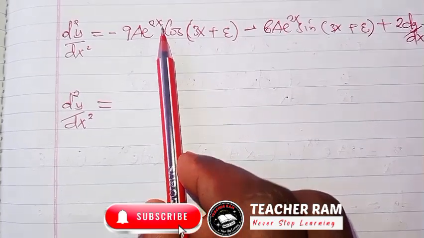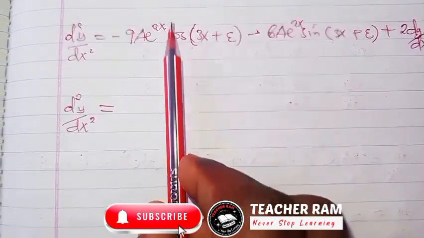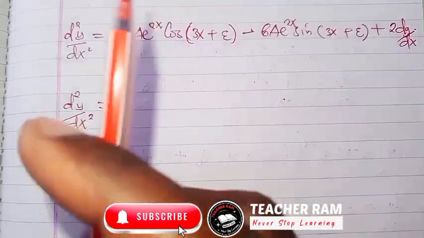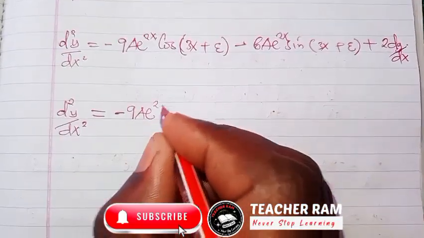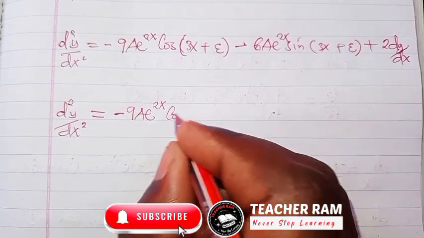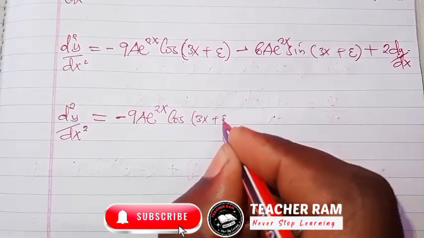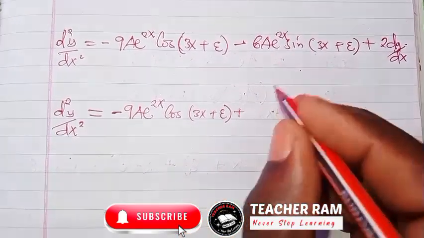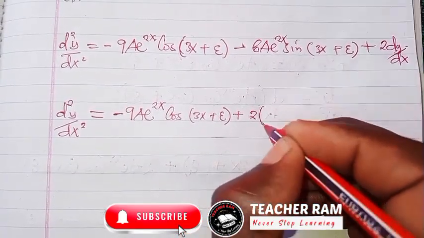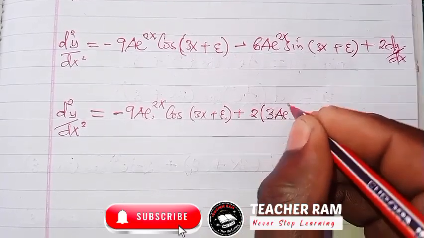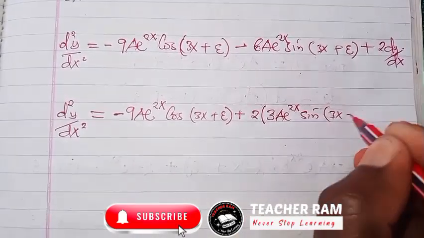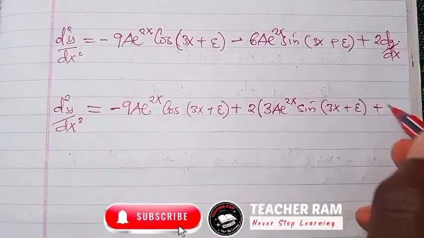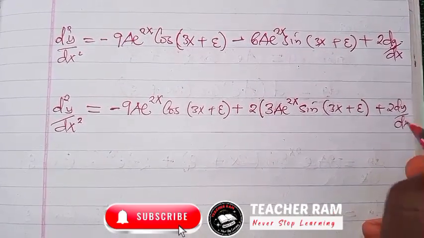This is the function that we were given, so we can replace it. So let us arrange it properly. Here we have negative 9 a e^(2x) cosine of (3x + epsilon), then plus, here we can take out 2, inside it will remain 3a e^(2x) sine of (3x + epsilon), then plus 2 dy/dx.